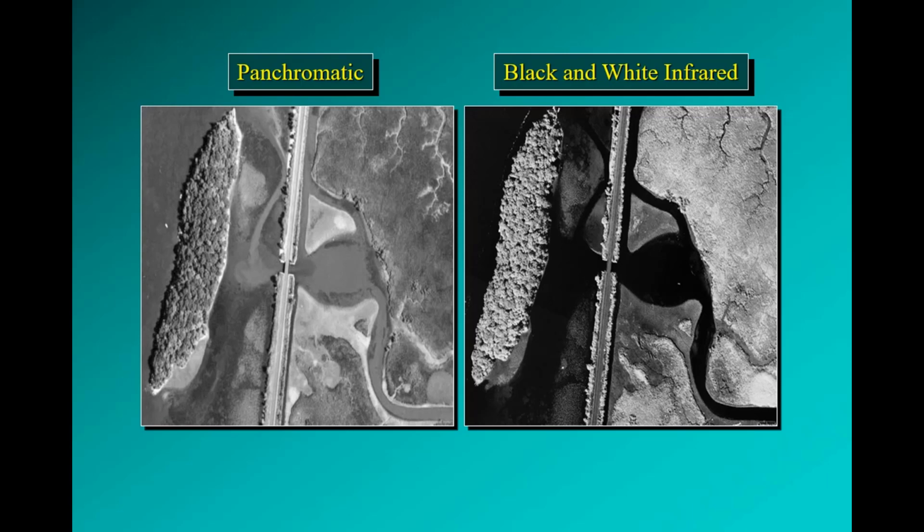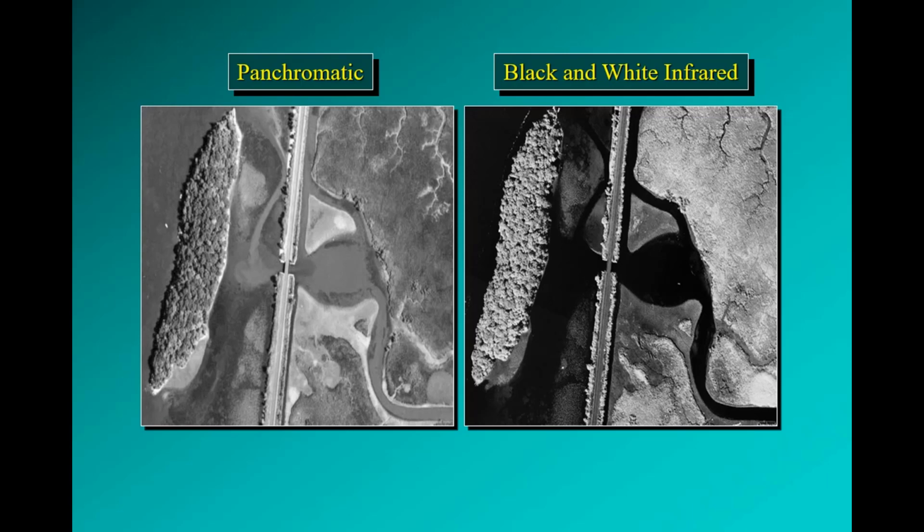But we see varying degrees of relatively bright reflectance values, and hence bright shades of gray, bright tones, if you will, in the black and white photograph where we have vegetation. In the panchromatic, again, we have greater amounts of absorption in the visible portion of the spectrum by vegetation.